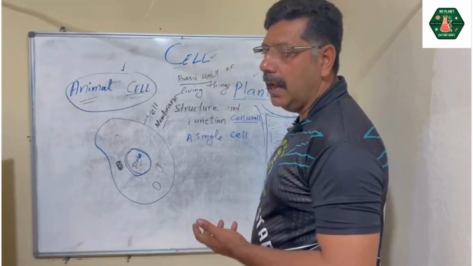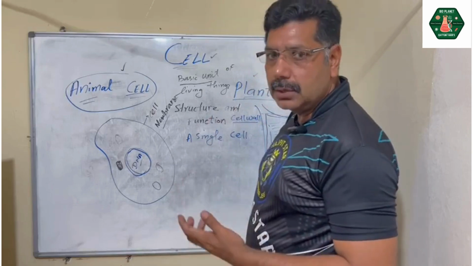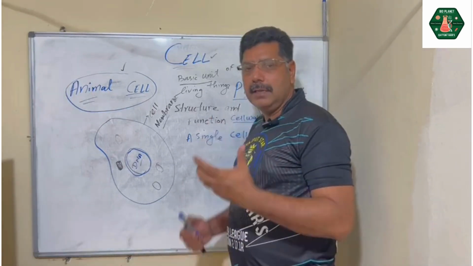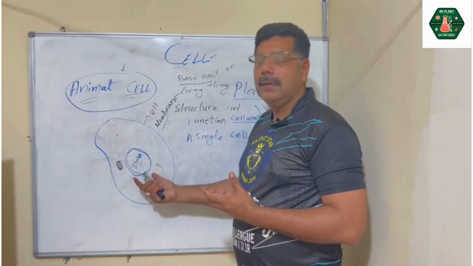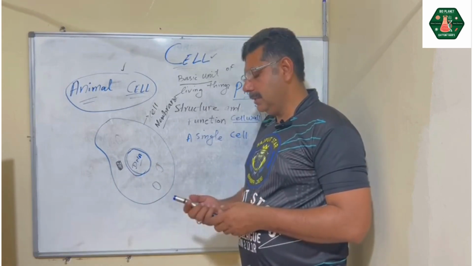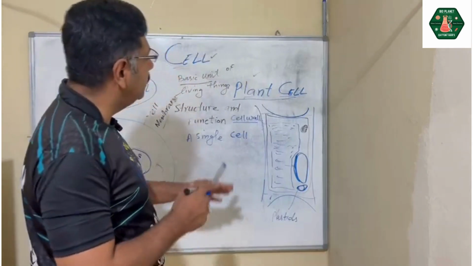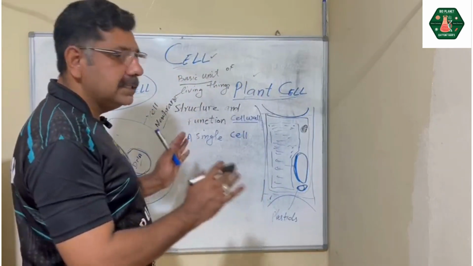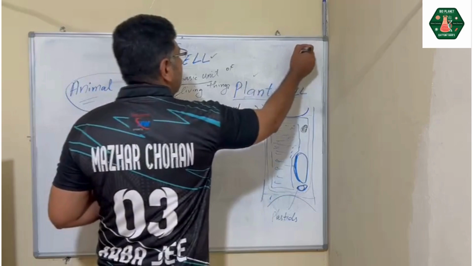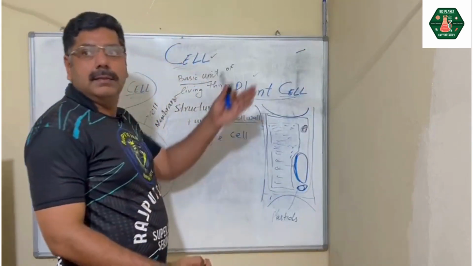So they need plastid. Inside them is chlorophyll, which gives green color to the plants. Chlorophyll is absent in animal cells.